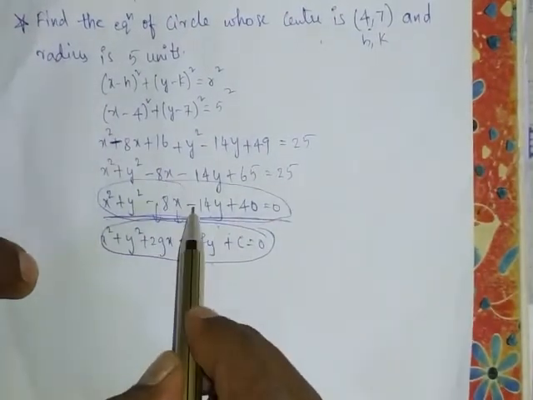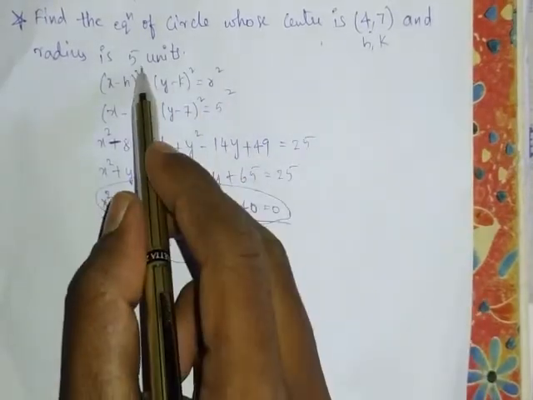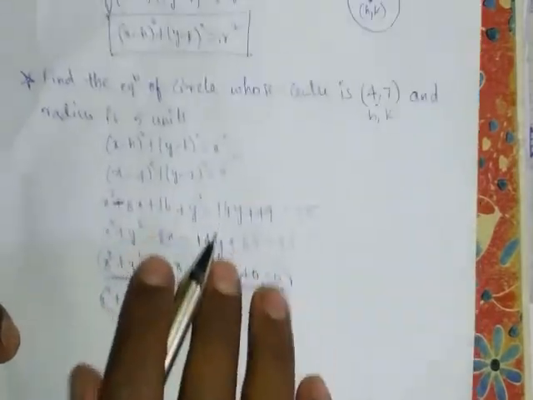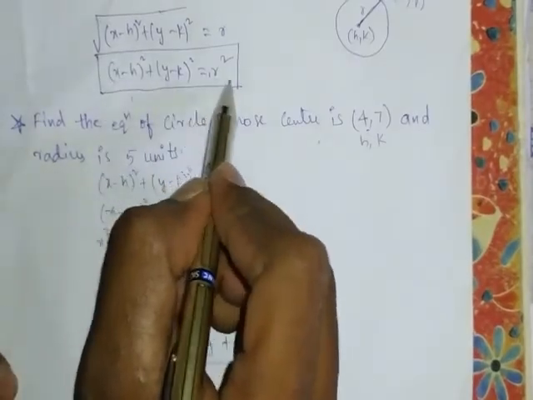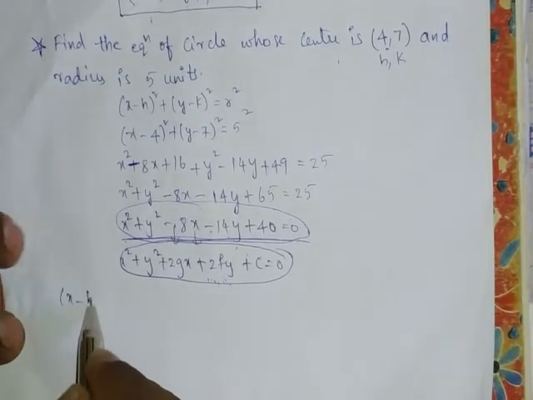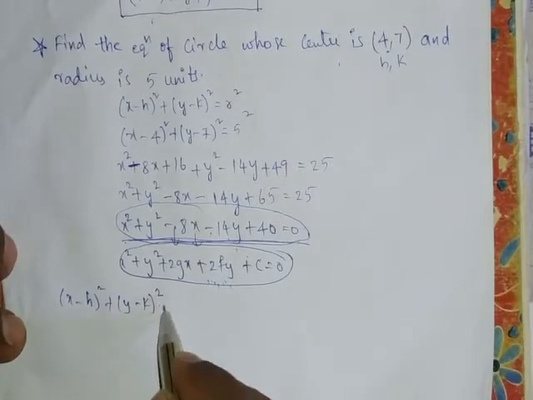But if they give this equation, how can we find the center and radius? Let us see now. Any equation will be in this form. If this is the equation, let us expand: x minus h whole square plus y minus k whole square is equal to r square.